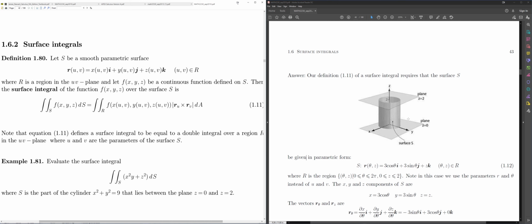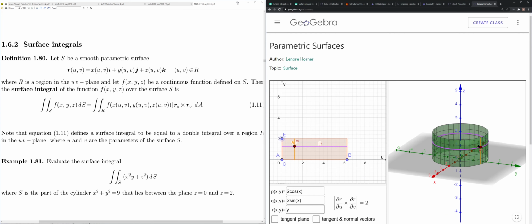It's not the planes, it's just this surface S. If you want a picture of what S is going to look like, it's a cylinder centered around your z-axis, so it's this green surface S over here. And this S is not given parametrically. It's just given saying that it's a cylinder of radius 3. So there should be a 3 here.